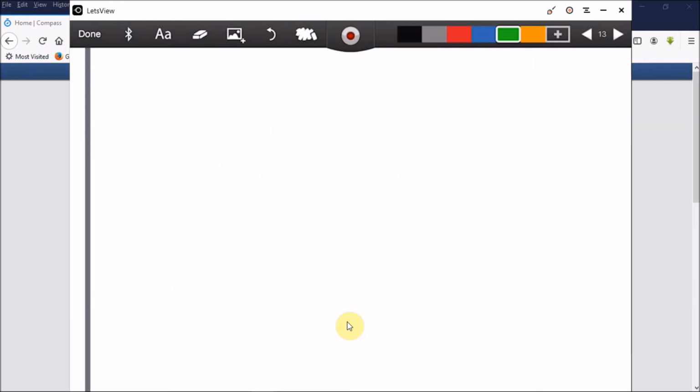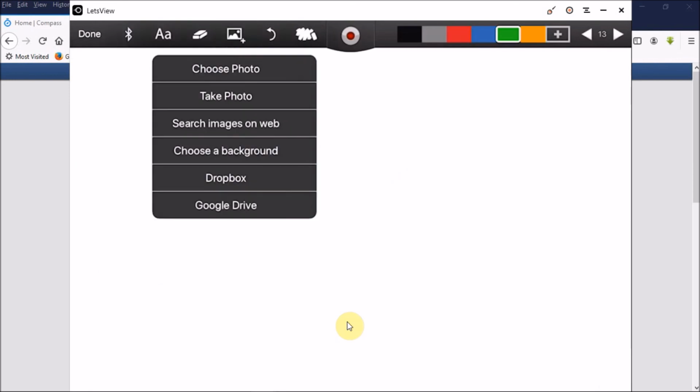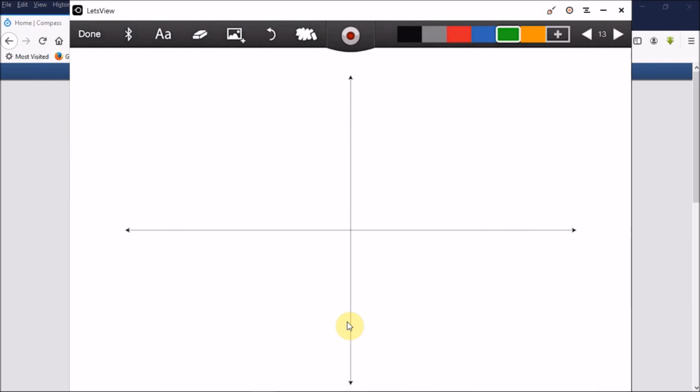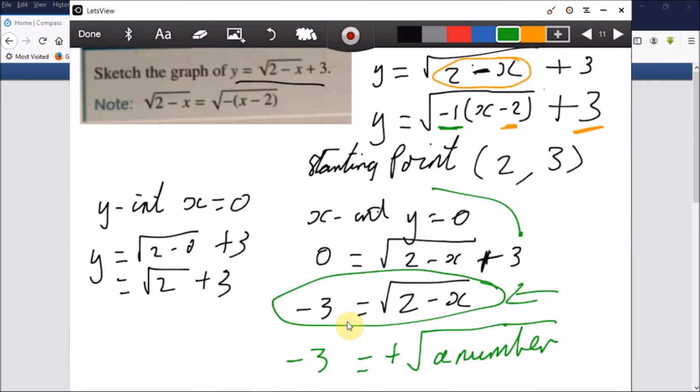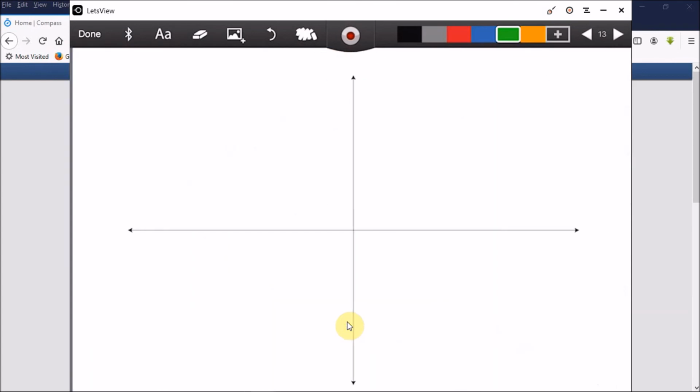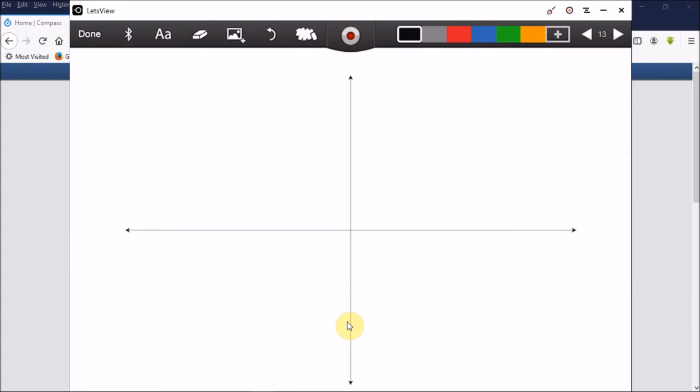And so when we go to graph our thing, here's the background. So we've got a starting point at 2 and 3. So that's there.